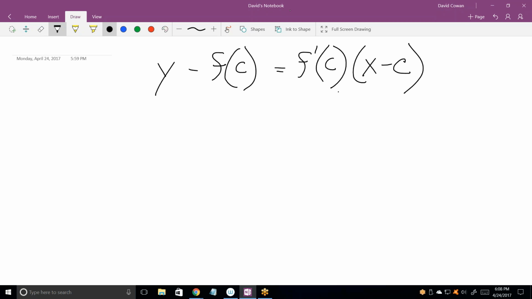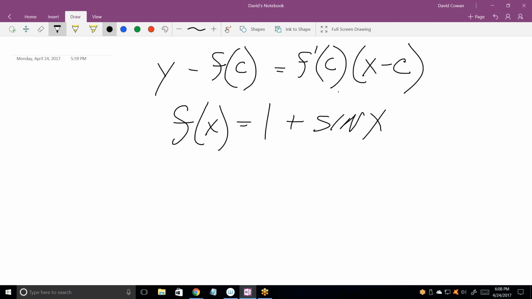Okay. Let's say that we have a function f of x that's equal to 1 plus sine x. And I want to know what the value of my function is when x is close to 0. I know what the value of my function is when x is 0.